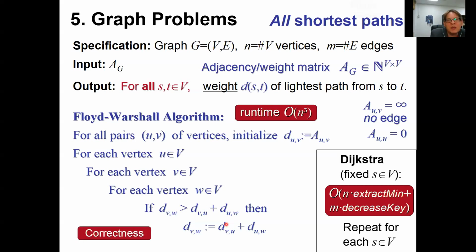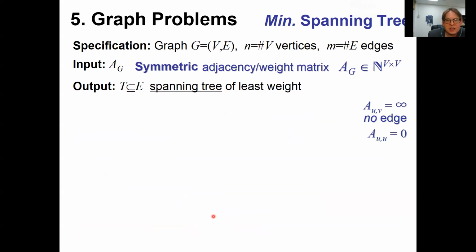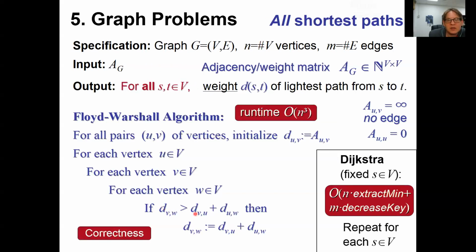I'm not going to repeat this; it is a similar proof as we had on the previous slide for Dijkstra's algorithm. And also the computational cost analysis is kind of trivial. By simply looking at the algorithm, we have 3 nested loops, each running over all n vertices, so the computational cost is n cubed, because the loop body is simple and has constant cost.